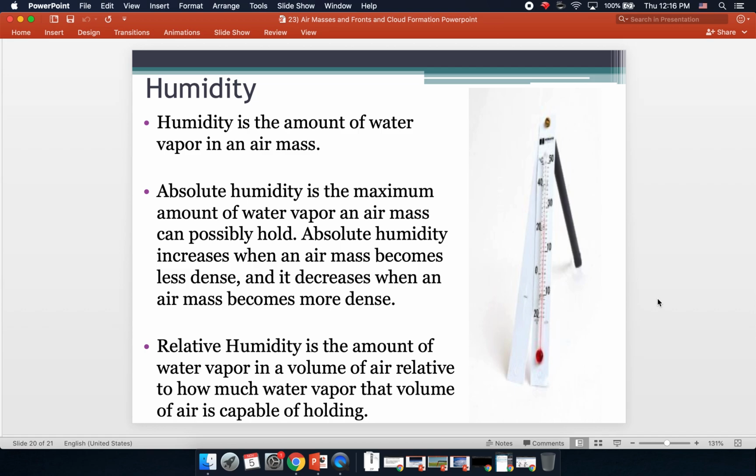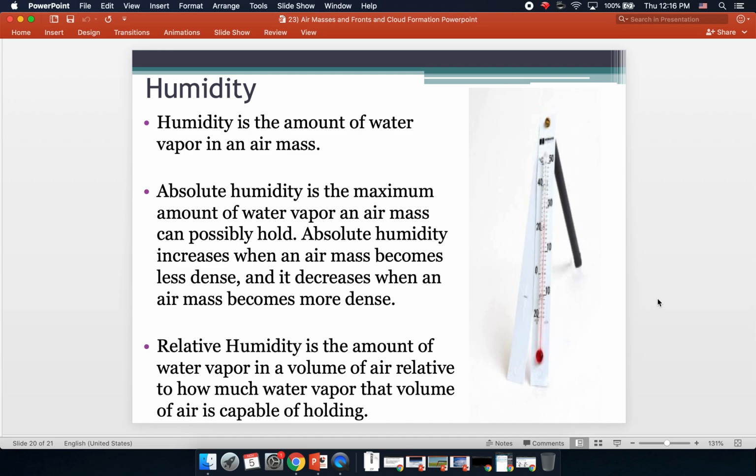The amount of water vapor in that air mass may not have changed, but if the air mass's capacity to hold water vapor is decreased, then that relative humidity figure would go up. Maybe now we're at 75% relative humidity, because that air mass's ability to hold water vapor was decreased.